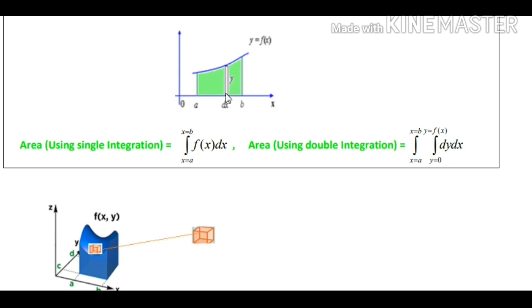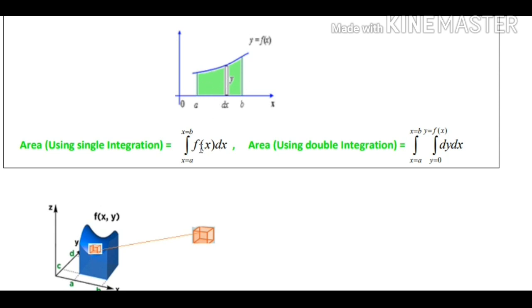Now we know that area of this strip is length into breadth, so y into dx. Now if we split the region under this curve into small rectangular strips and add up all such strips, then we can find the area under the curve.